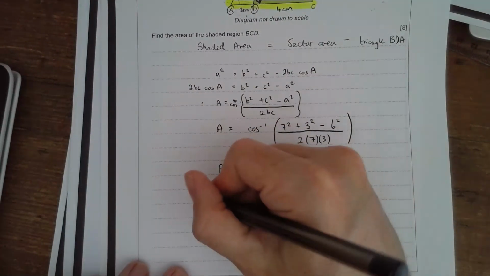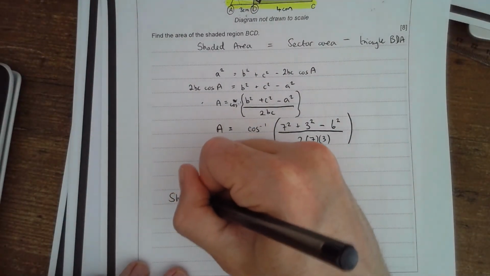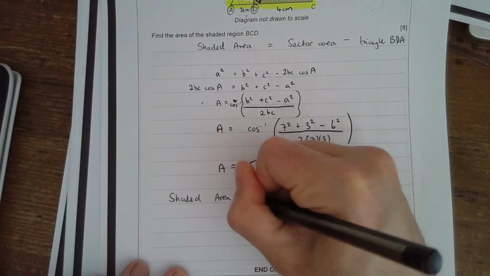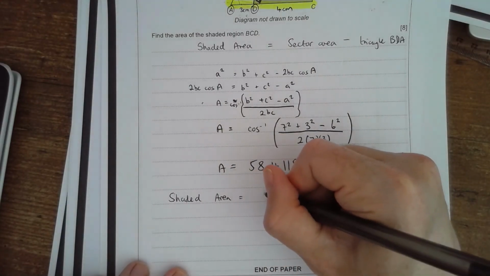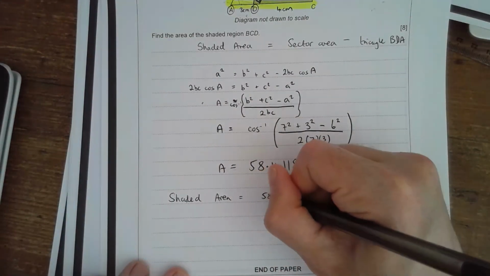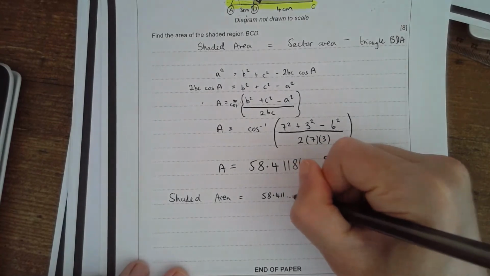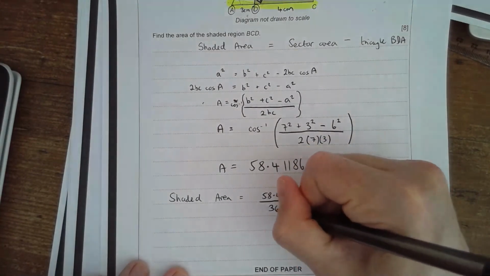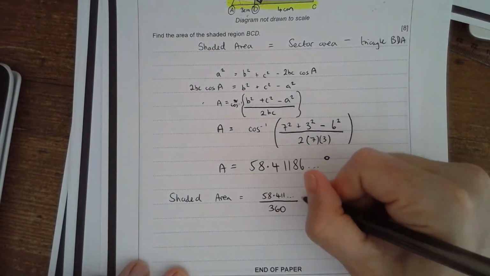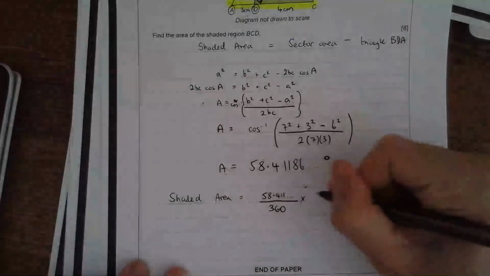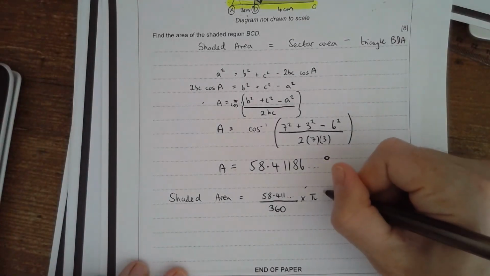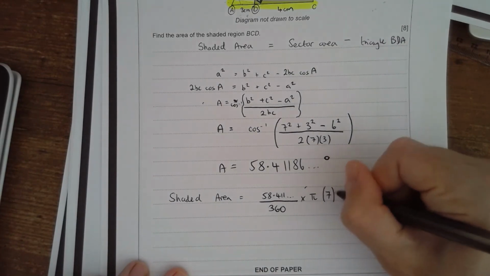So the shaded area equals the sector area. That would be the angle that we've got, 58.411 and so on, out of 360 times pi r squared. So I'm going to say times pi, the radius is 7 squared.